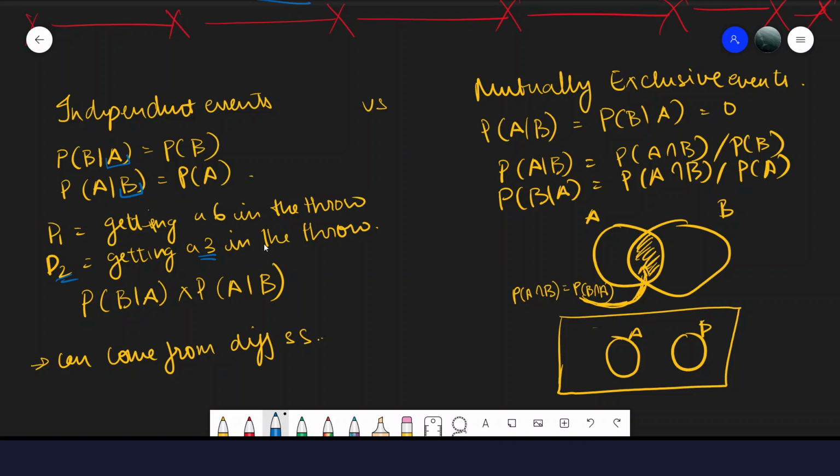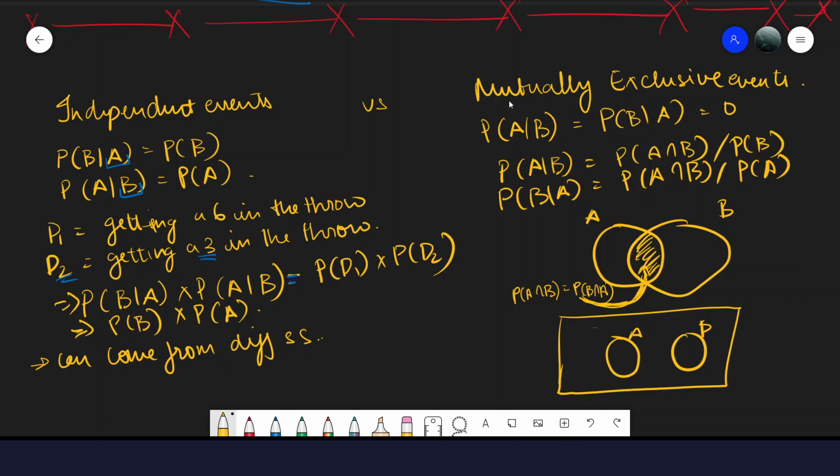So the probability would be P of D1 into P of D2. In terms of the notation I've written over here, this would be P of B into P of A. That is what independent events are. Independent events can also come from different sample spaces.